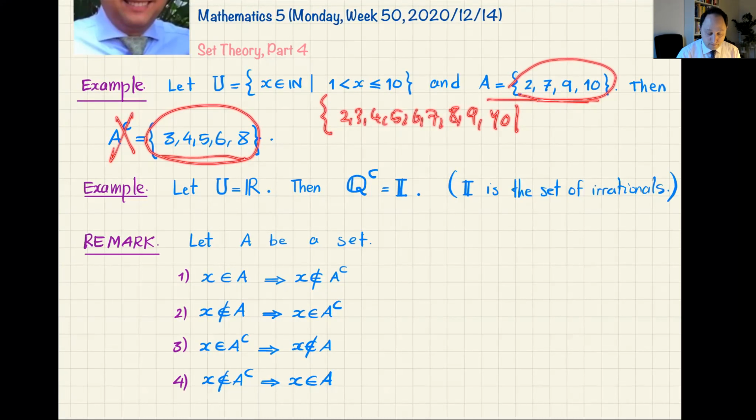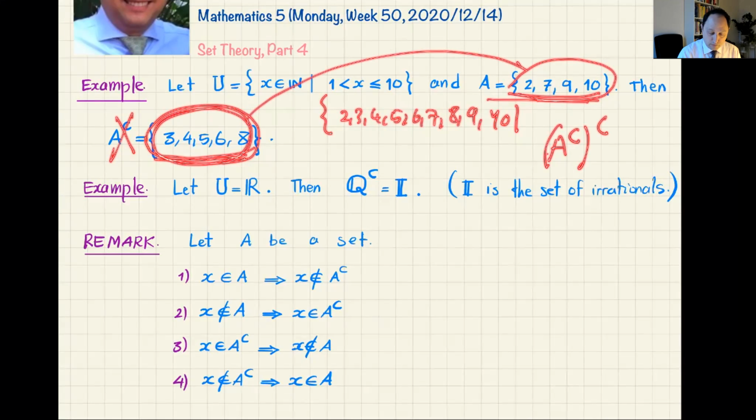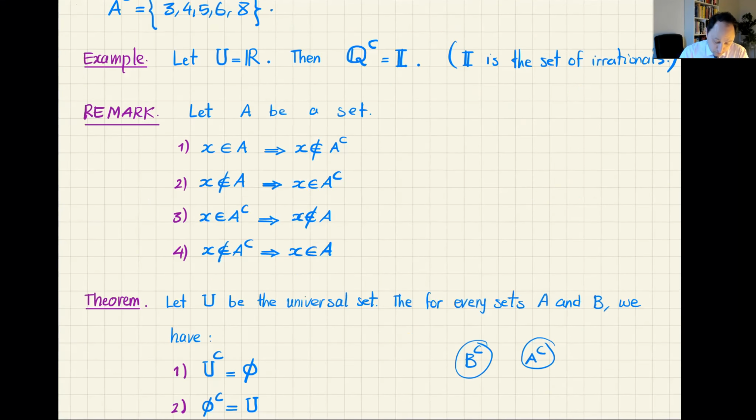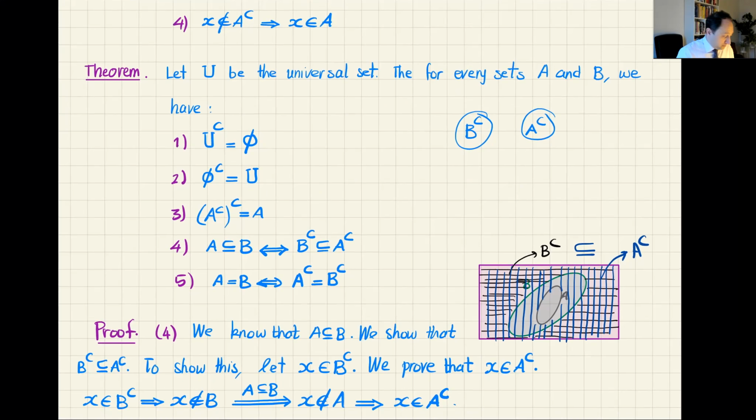Is that understandable? Yes, I understand. So this means that if I take one complement, I go from here to here. If I take another complement, I am taking the complement of this, and I will definitely go back to the same original set. That is the content of number 3.